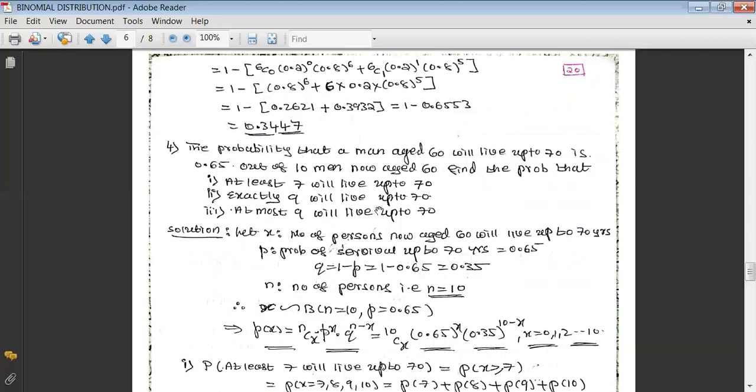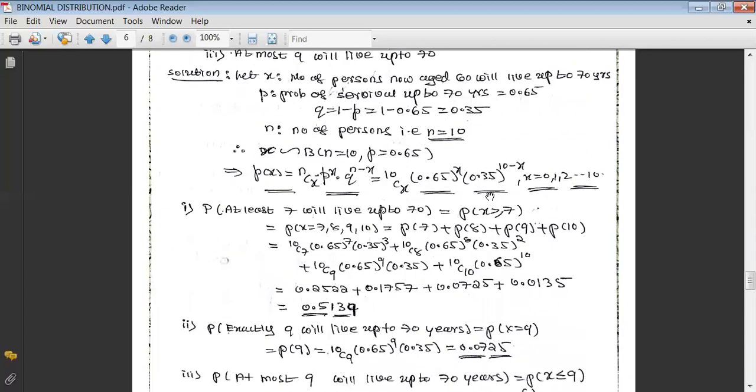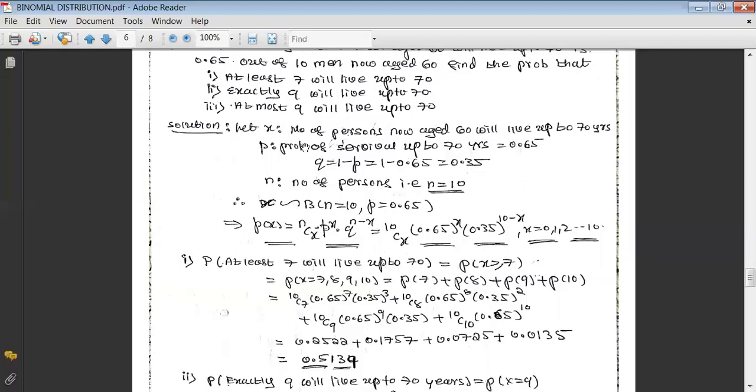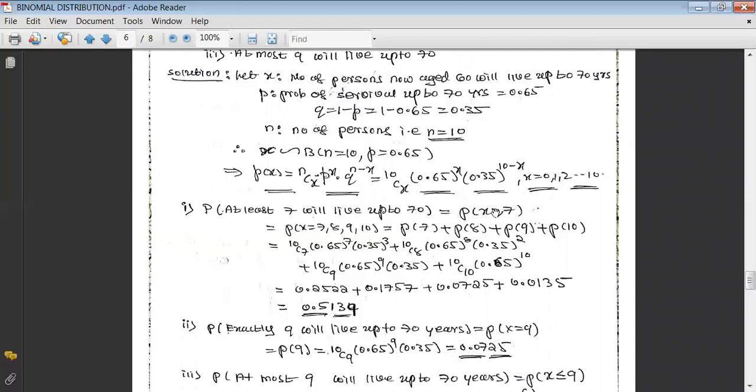Now let us concentrate on the first requirement: a man aged 60 will live up to 70, that is our success. In this case, we want at least 7 people to live up to 70. X is defined as the number of persons aged 60 who will live up to 70 years. At least 7 means 7 or more, so it may be 7 or 8 or 9 or 10.